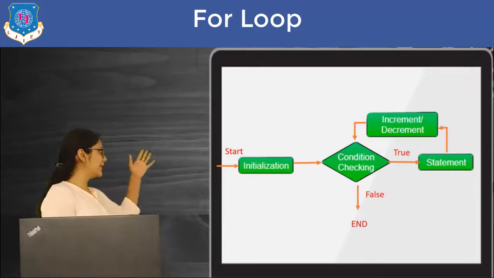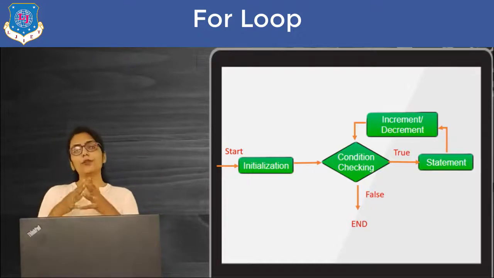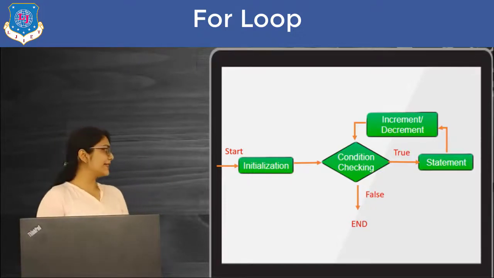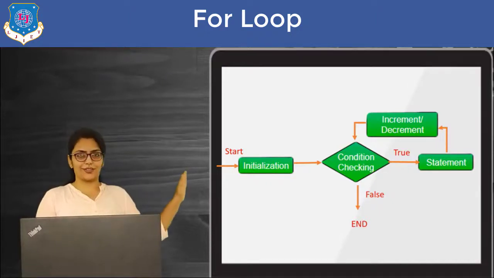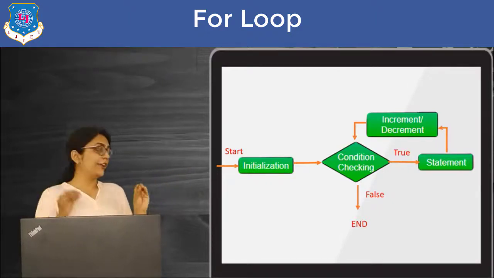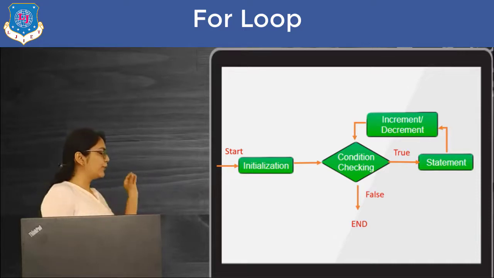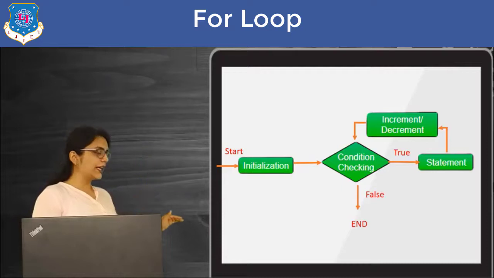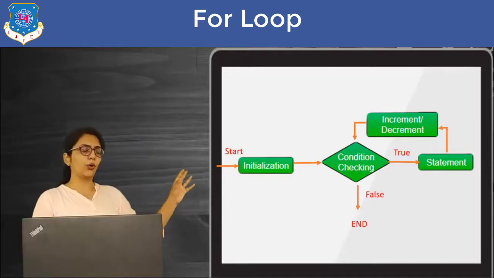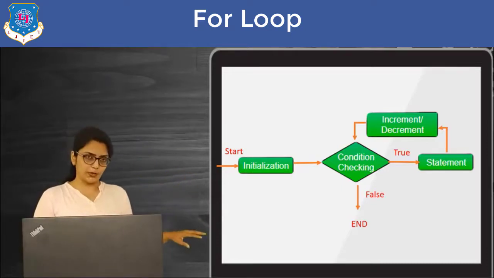So as you can see, here is the flow chart for the for loop. First we will start, then we are going to check the condition because it is an entry control loop. If the condition is false, then the loop will end directly and the control will come outside of the loop.